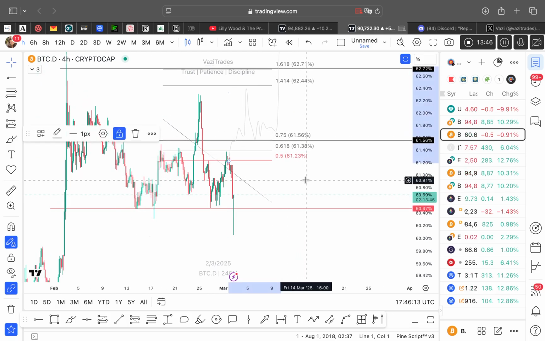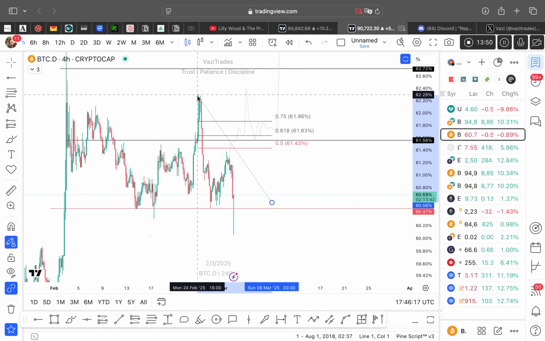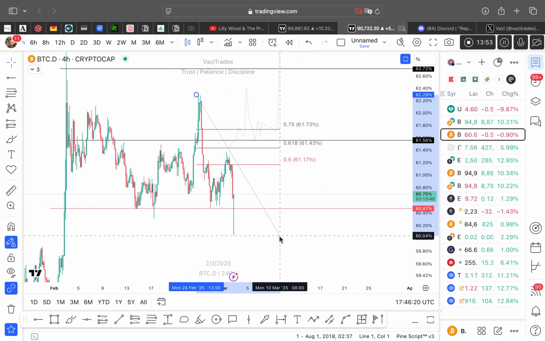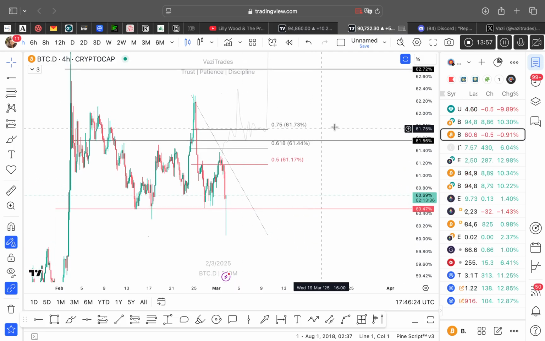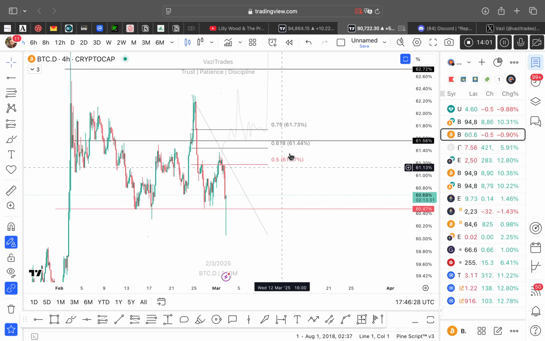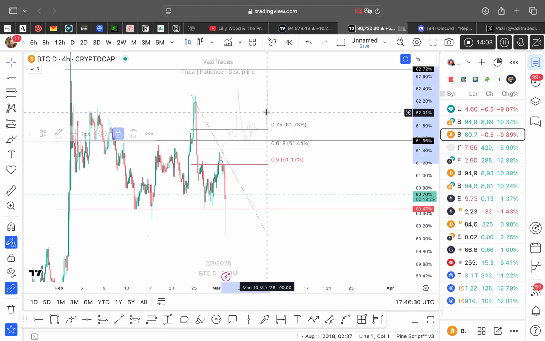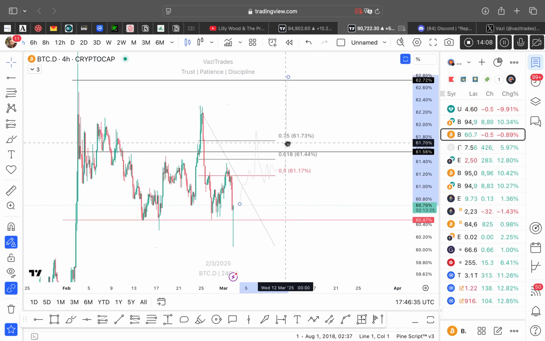Now, what do we have? I will put from here to here. Again, if we play with fibs, we can see these resistance areas. This I will take and put somewhere here.